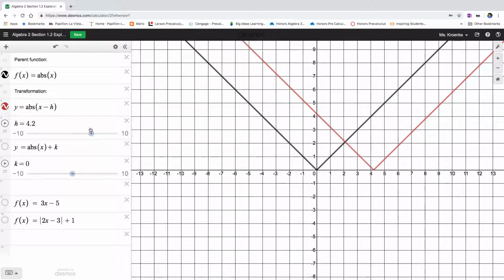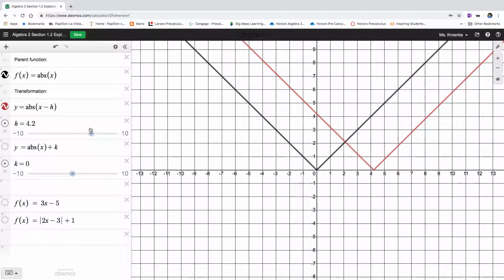Then my function is x minus 4.2, and you guys are telling me it's going right 4.2. What do you suppose will happen if I do a negative number? So x minus negative 4.2 is going to go left.